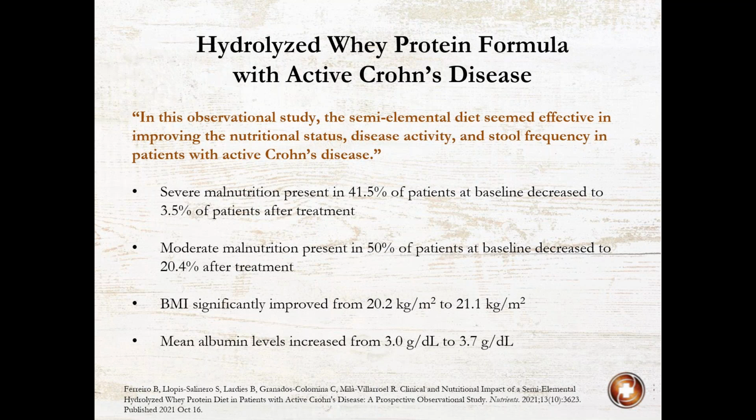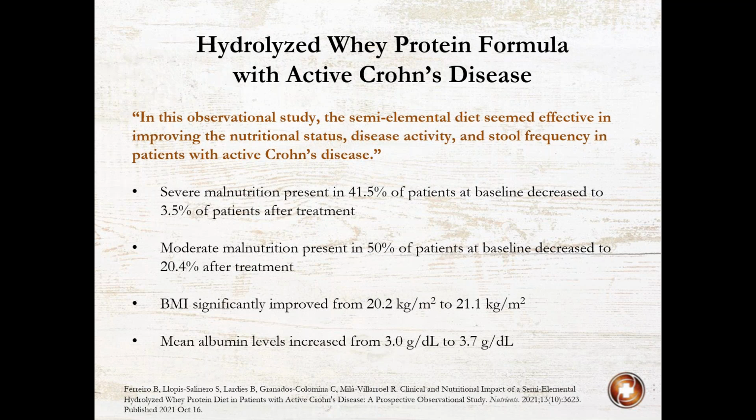And after treatment, which was 12 weeks, it significantly decreased to only 3.5% of patients being in the severe malnutrition category. With moderate malnutrition, it was present in 50% of patients at baseline, and that was decreased to 20.4% after treatment, which is pretty significant.